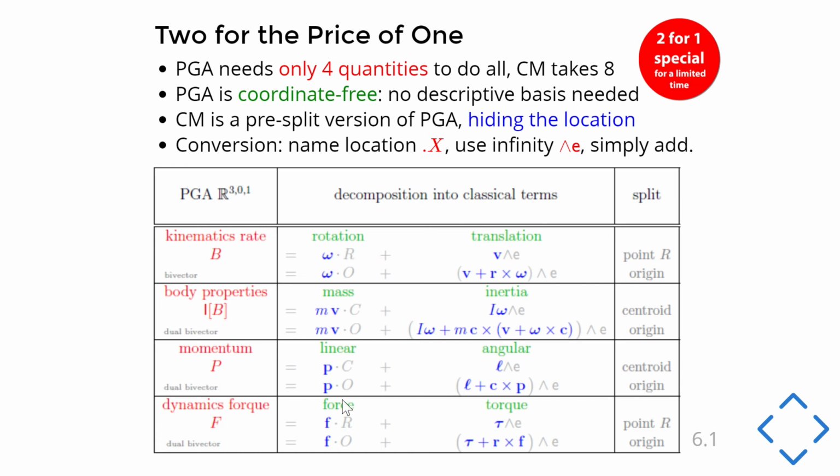You never have to look at the right side. Similarly, when you look at the momentum, you don't have to say there is a linear momentum and there's an angular momentum, and if I go to a different place, then I keep my linear momentum, but my angular momentum changes because I'm offset of that place, and one of them is relative to the centroid and the other one is to the origin. It also, again, doesn't happen. The magical thing is that if you dot the classical momentum with the point where it happens, and you wedge the angular momentum with infinity, the plane at infinity, then you will get an invariant object, P, which you can immediately integrate without having ever to make that distinction.